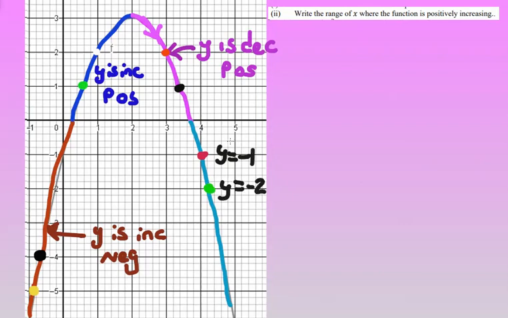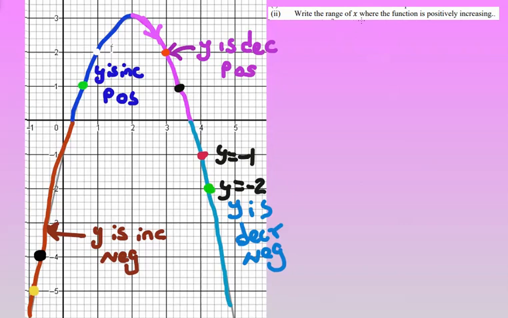So is it increasing or decreasing? It's going from -1 to -2. -1 is bigger than -2, so it's decreasing. How? It's decreasing negatively during this part of the function.